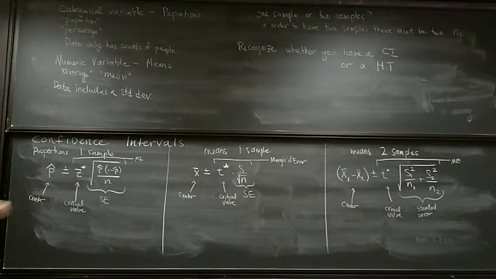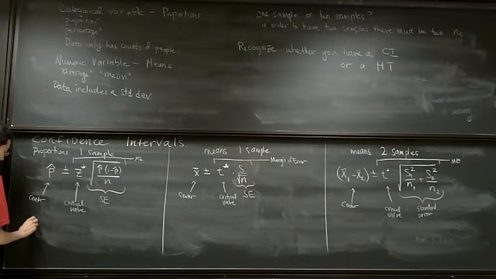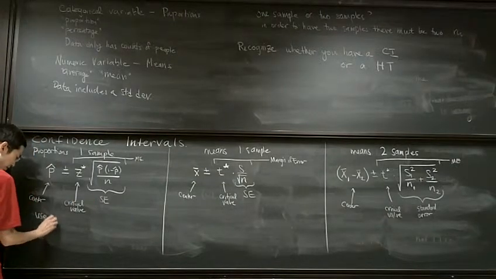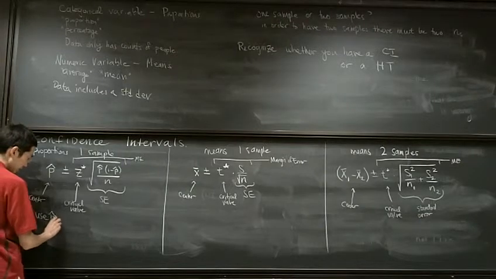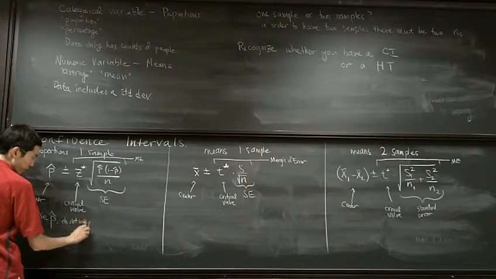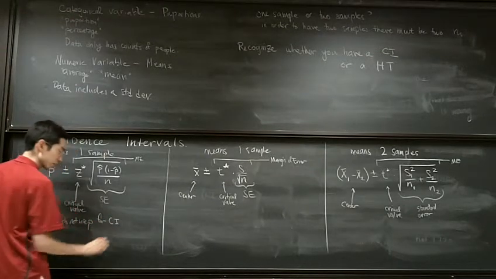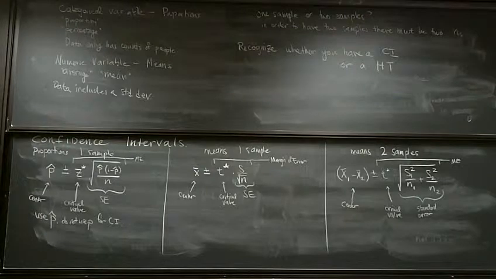One thing to note: for confidence intervals, the standard error here uses p hats. Use p hat, do not use p, for confidence intervals. Where do we get Z star?